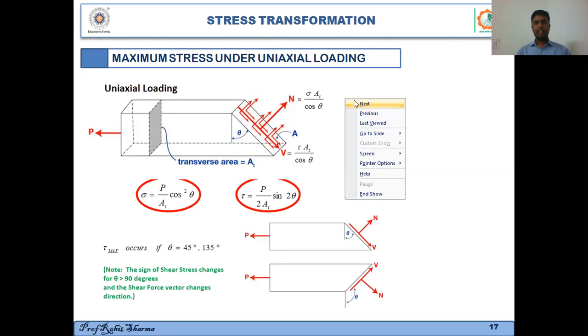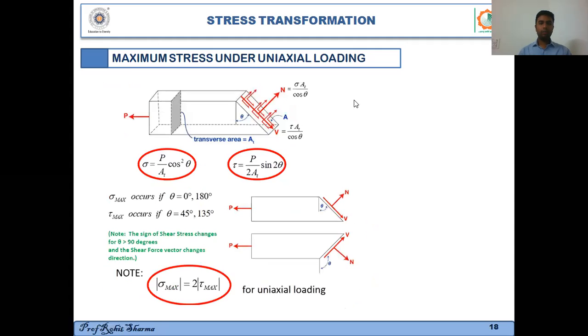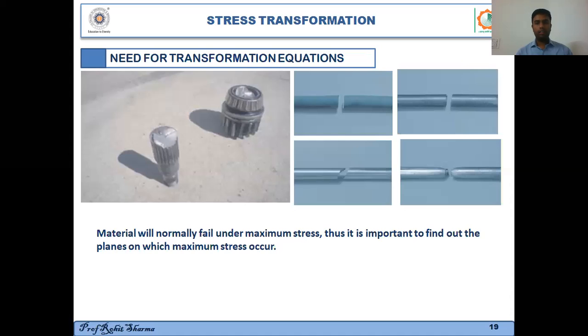Now, what is the necessity of doing all of this? The thing is that if you have to predict the failure of any material, you have to know the strength of the material under shear loading and the strength of the material under normal loading.